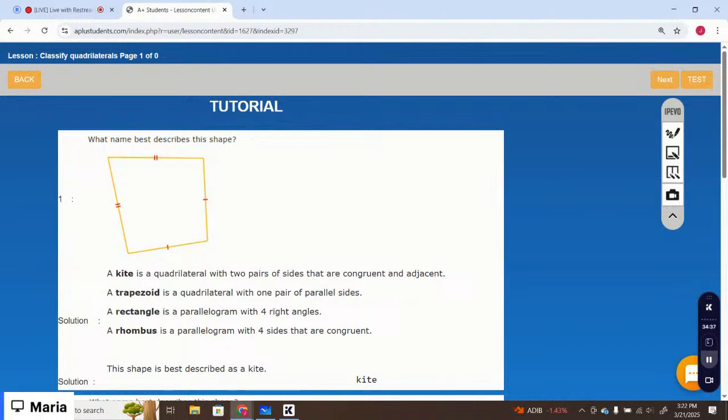So the shape is kite. Let's just start with the test questions.